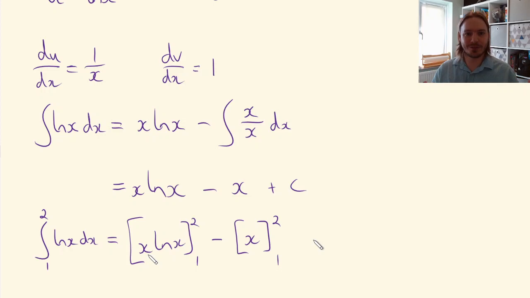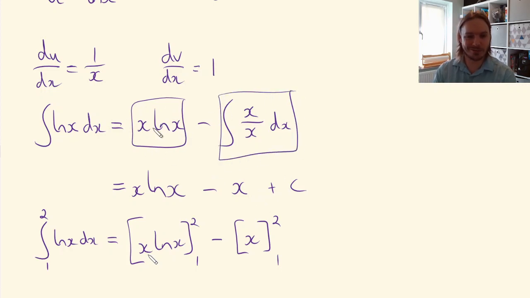So when I'm doing my substituting in, I substitute between 1 and 2 for the uv term, and then I substitute between 1 and 2 for the x term, the integral, separately. They're not all one thing that I'm substituting into all at once, because at this point I have two separate terms. This one is no longer needing integration, so this one's already kind of done, and this one does need integration. It's treated separately.